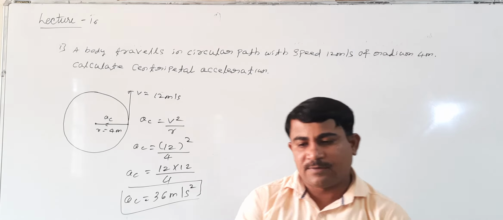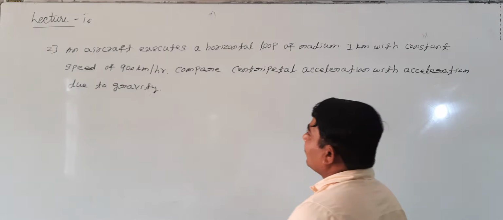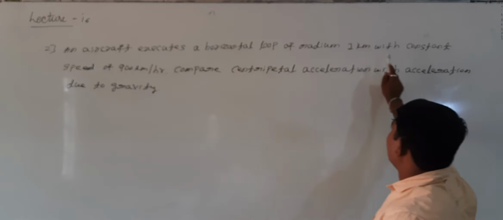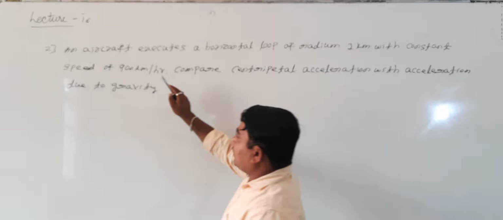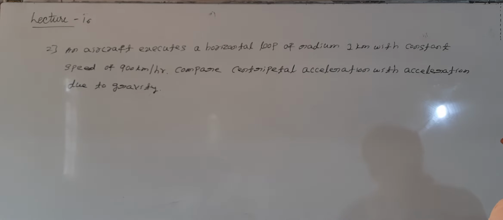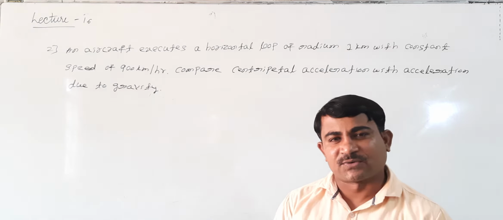We will see one more numerical. Okay, students, next numerical. An aircraft executes a horizontal loop of radius 1 kilometer with constant speed 900 km per hour. Compare centripetal acceleration with acceleration due to gravity. Question is very simple, students.